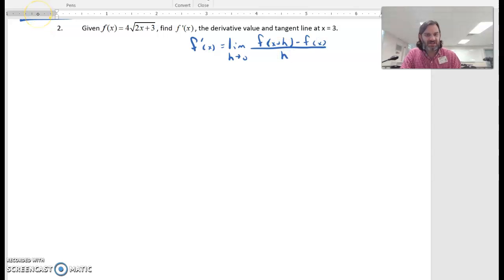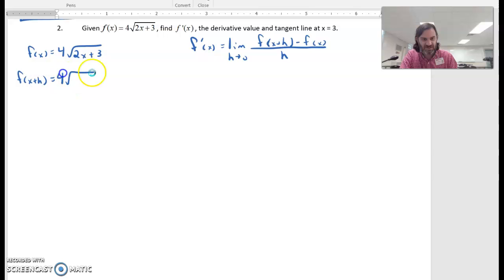So the things we need: f of x, which is given to us, 4 times the square root of 2x plus 3, and we need f of x plus h. Which, when we plug that in, we'll have 4 times the square root of 2 times x plus h, and then plus 3, still under the square root.